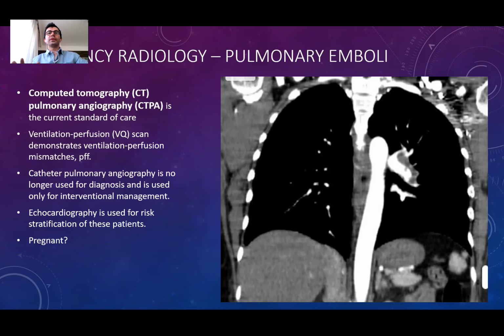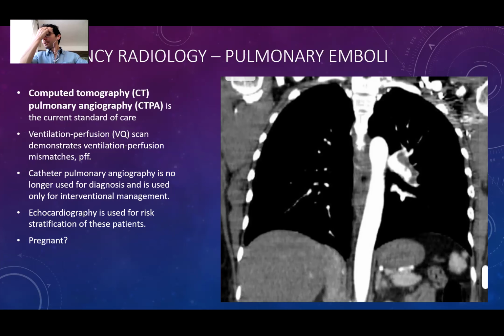Also, catheter angiography is found in lecture notes, but it never gets performed anyway. For a patient who cannot have a CT scan for some reason, maybe a contrast allergy, echocardiography can be helpful in differentiating the pulmonary hypertension, which can be caused by the emboli.